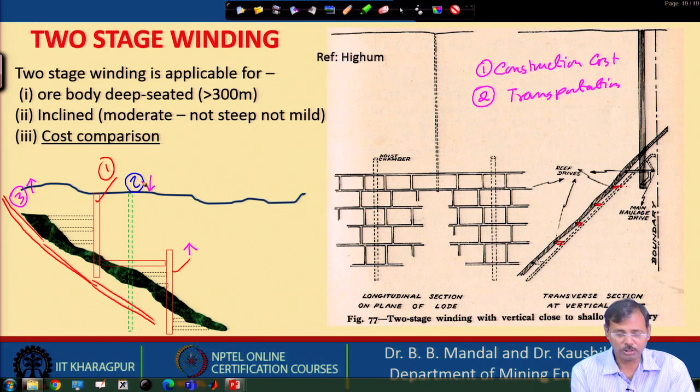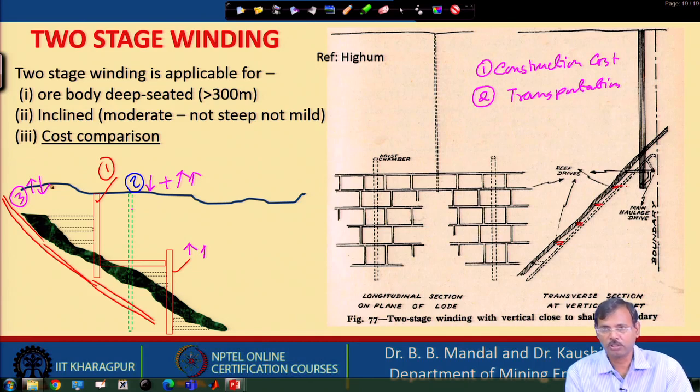So, construction cost is minimum here, but this is associated with construction of so many cross cuts. So, though the construction cost of the shaft is less here, the construction cost of the cross cuts is high in this case. In this case it is a little bit high, in this case it is minimum. So, these are the comparison of the construction cost for shaft as well as the cross cuts, and after that the transportation cost, which is in ton kilometer.